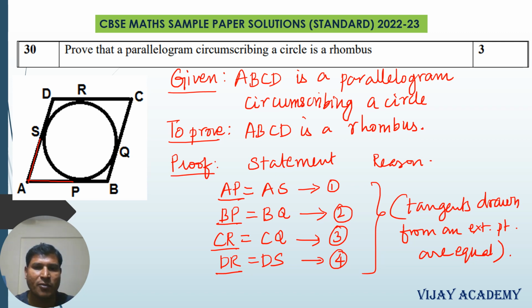Because when we add these 4 equations, we put AP and BP together as AB. Similarly, CR and DR together as CD. So write the segments of AB and CD in the LHS and the segments of the other 2 sides in the RHS.